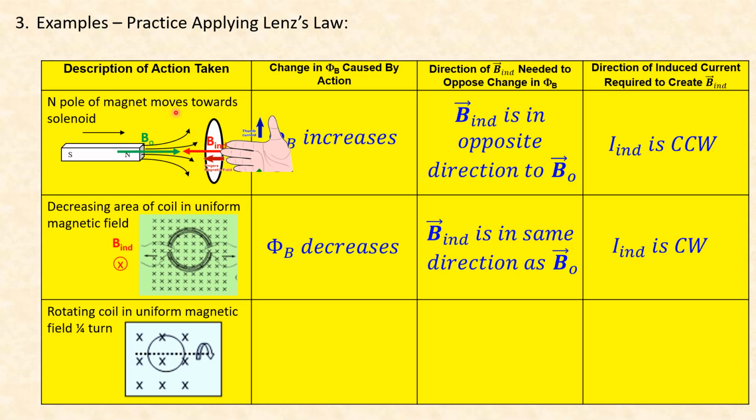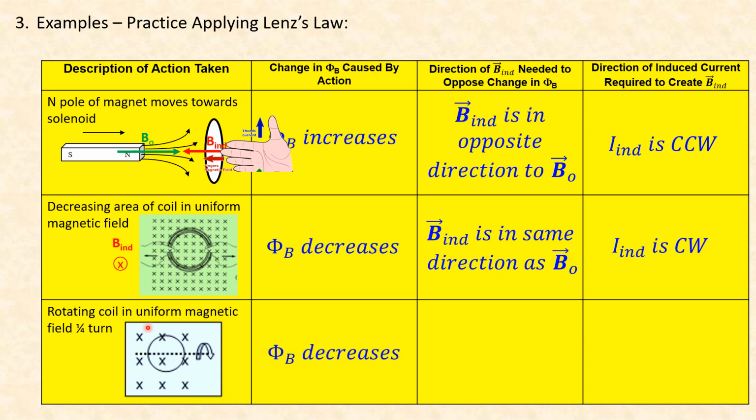In our last example here, we're told that we're going to rotate this coil in a uniform magnetic field 1/4 of a turn. So if we start the coil in the position that you see here, you see that the flux through the coil is a maximum, but by rotating it 1/4 turn, you will see that the amount of magnetic field penetrating it is going to decrease in time.